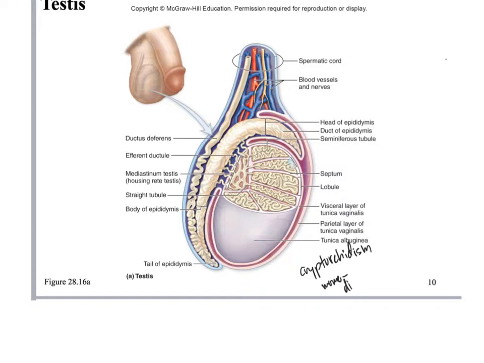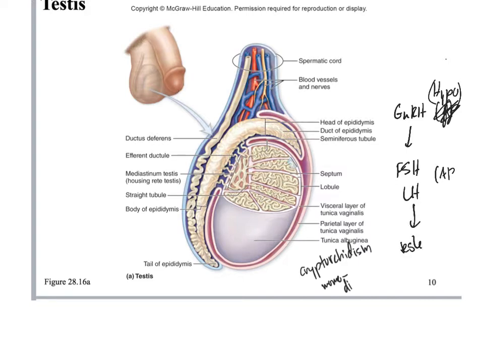The seminiferous tubules are where spermatogenesis occurs. Okay, so where sperm cells are made. And again, this is dependent upon GnRH from the hypothalamus, right, to the anterior pituitary inducing FSH and LH, and then working on the testis, right?